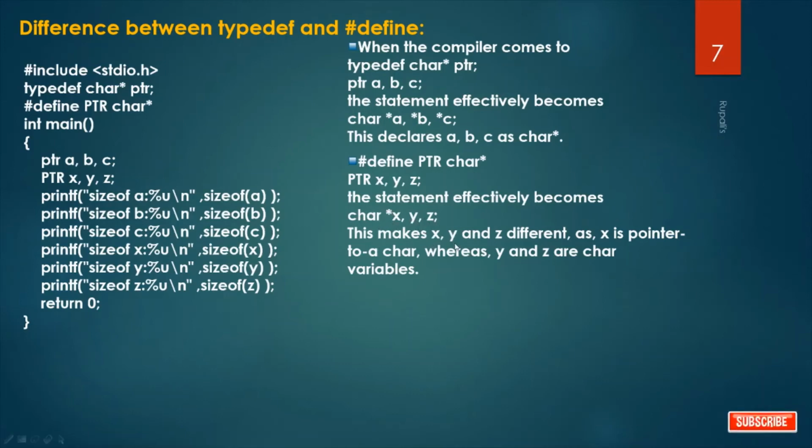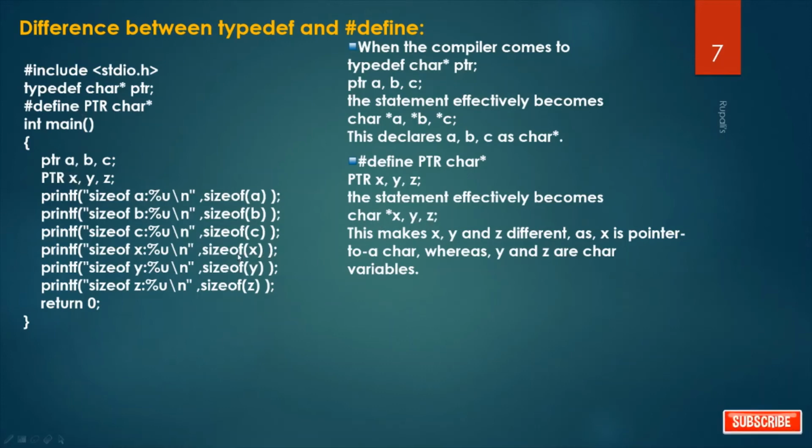This makes x, y and z different. x is a pointer to a character and y, z are normal character variables. I repeat, x is a pointer to a character because ptr is char star, and y, z are normal character variables.